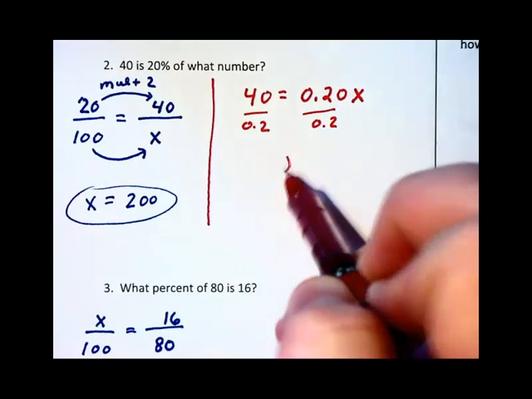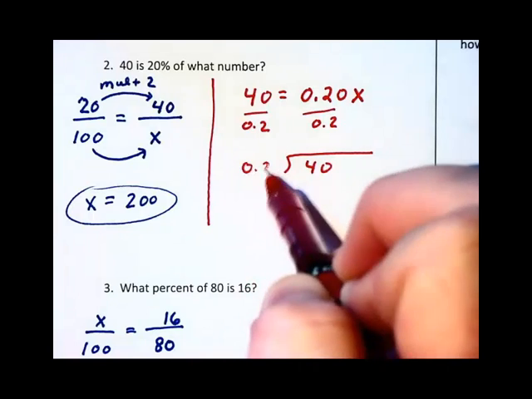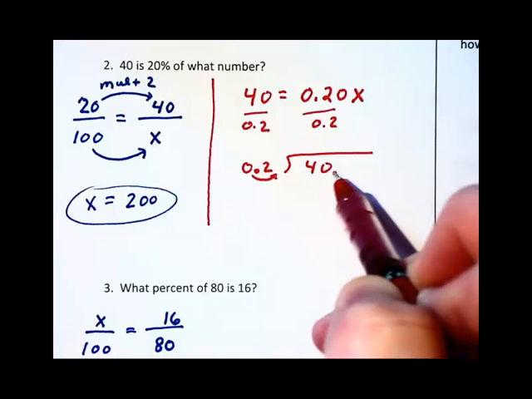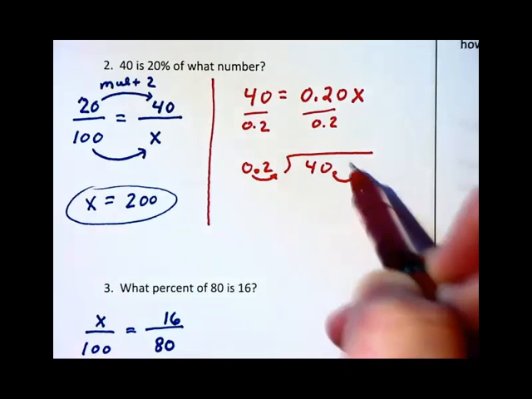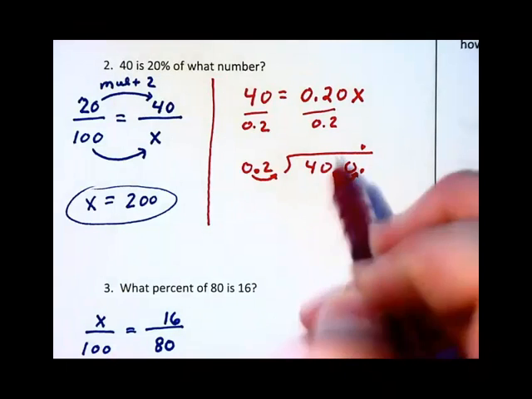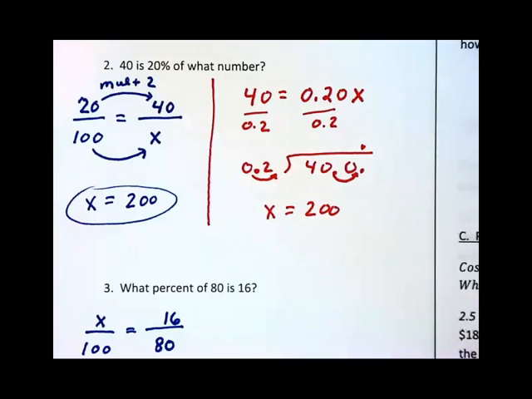You'd probably have to do a little bit of long division here. 40 divided by the 0.2. You'd have to move that decimal one place over, put a decimal in over here, go one place over. 2 goes into 400, 200 times. There's our x equals 200 that way. To me, that's a little bit more work using that approach on the right.